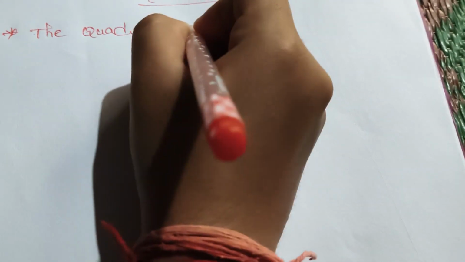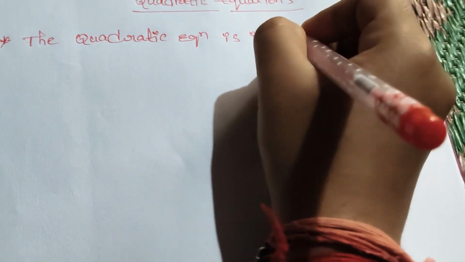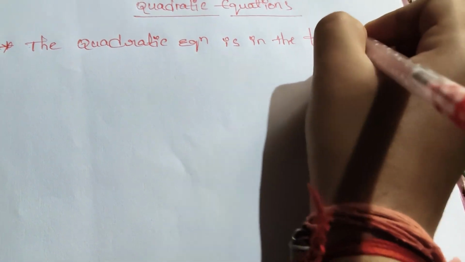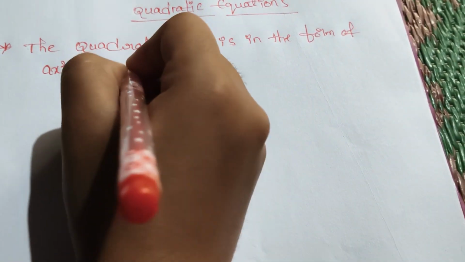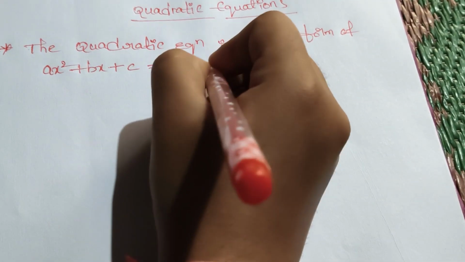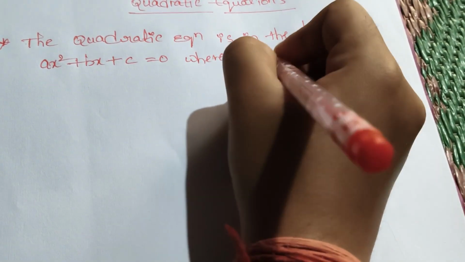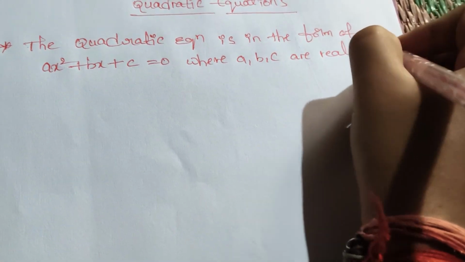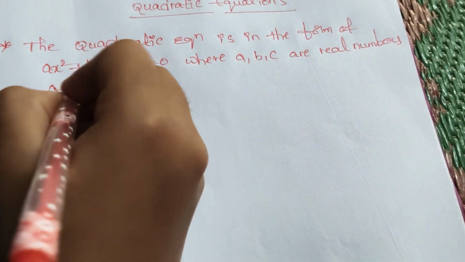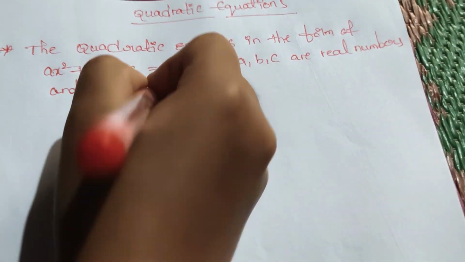The quadratic equation is in the form of ax square plus bx plus c is equals to 0, where a, b, c are real numbers and a is not equals to 0.